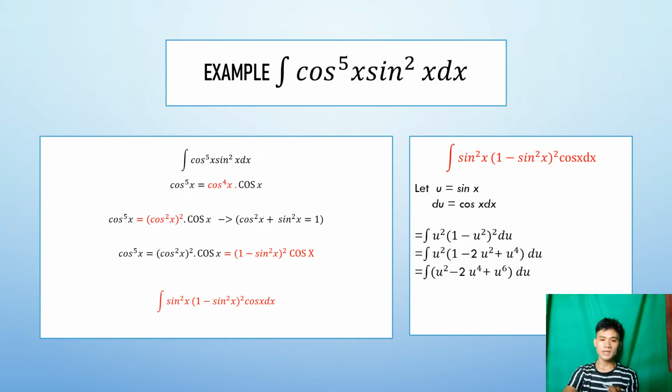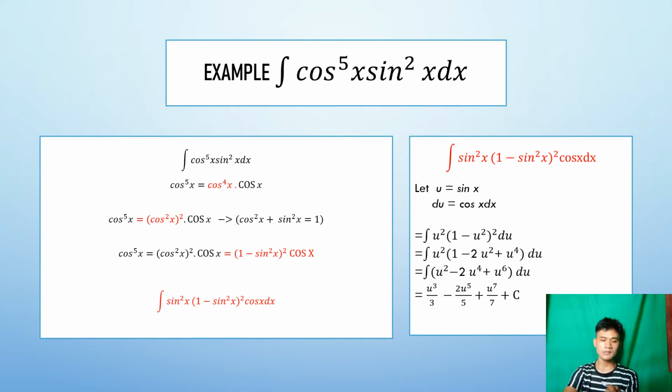As I have said in integration, we just add 1 to the power and make it our denominator also. So as we integrate that, we just simply have u cubed all over 3 minus 2u raised to the power of 5 all over 5 plus u raised to the power of 7 all over 7 plus c.